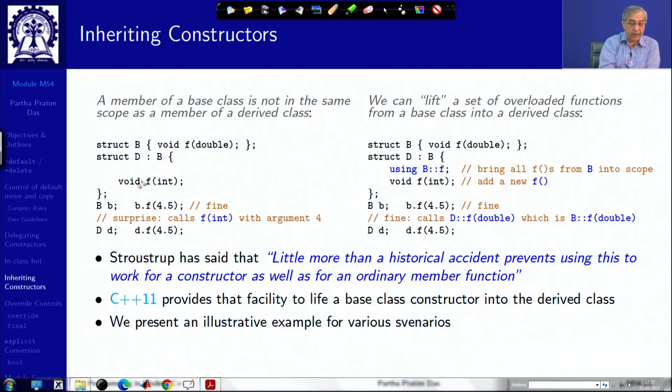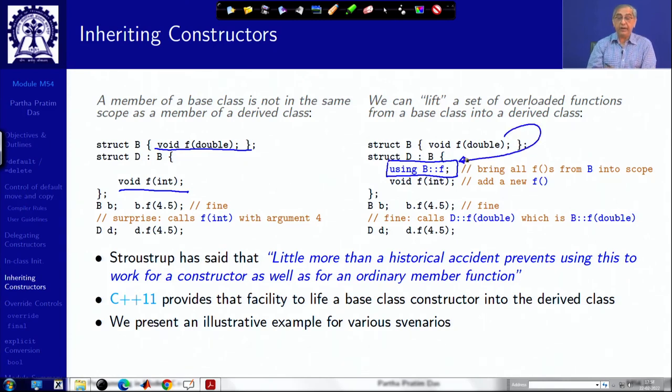So, here you have f of double, and the moment you define f of int in the derived class, then f of double is also hidden. We know that by using B::f we can make the member function of the base available here as well, right? That is inheriting explicitly from the base without being hidden.